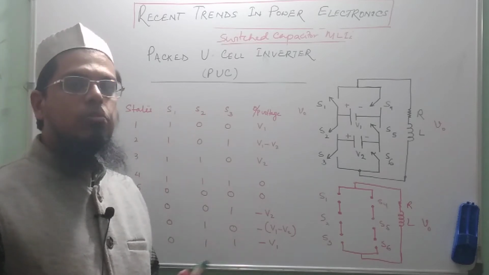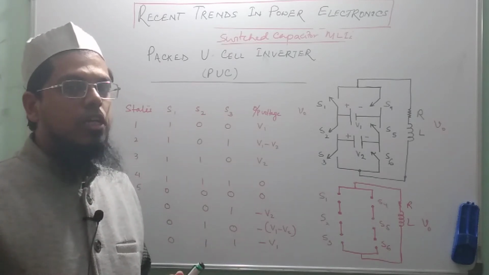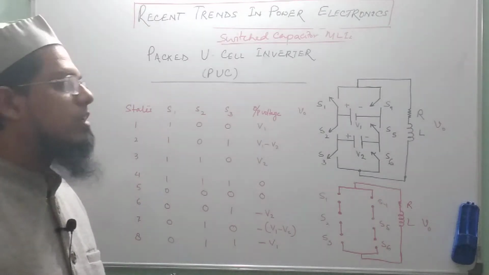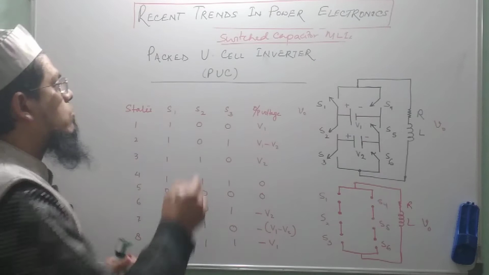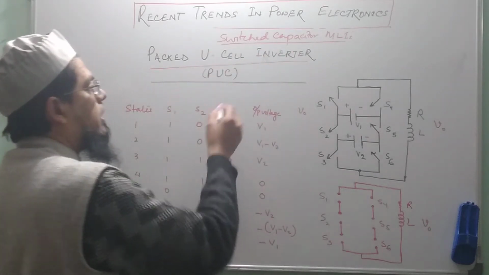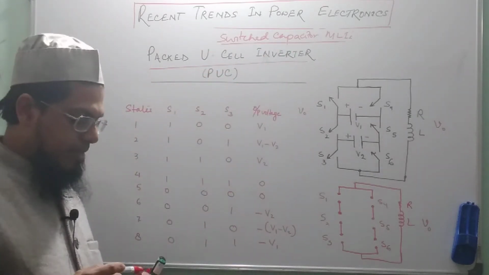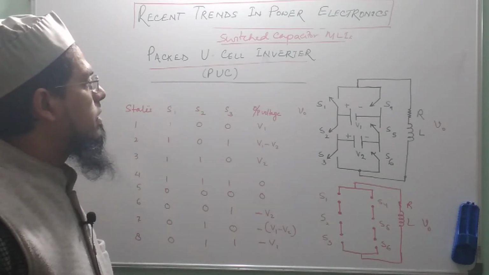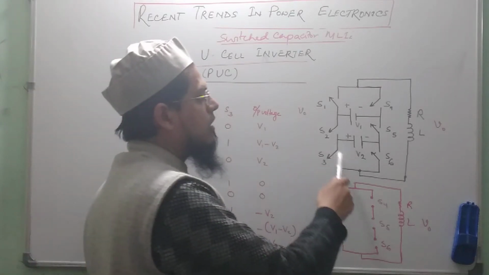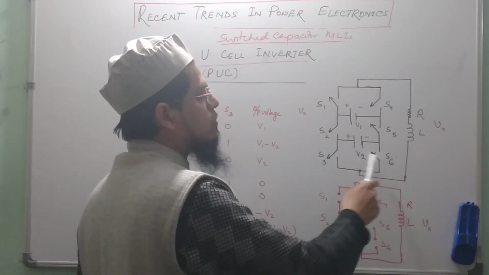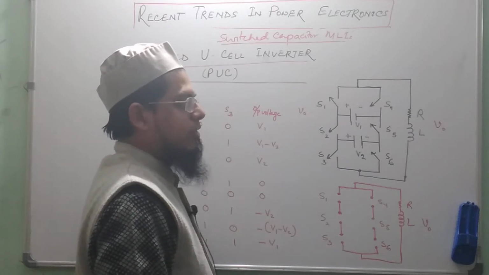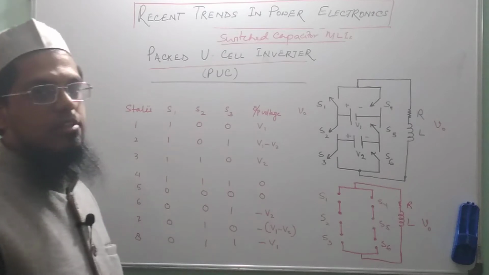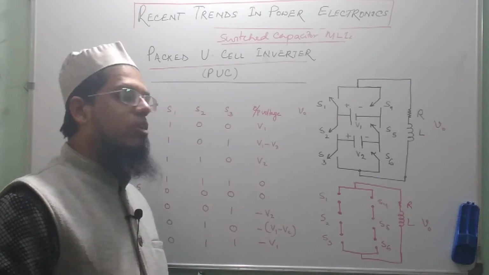There are many topologies that have been reported in literature. I would be taking up one of the more famous topologies of SC-MLI, which is called the packed U cell inverter, in short PUC. The name of this inverter is derived from the arrangement of the switches and the capacitor, which is basically in a U shape, and we will see that a generalized version of the topology also exists.